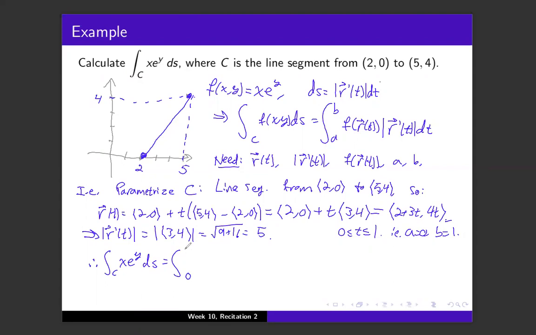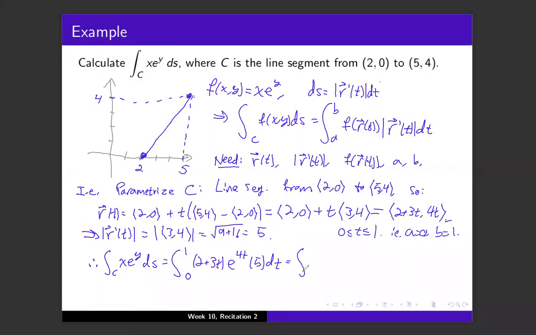So this is the integral from 0 to 1 of x. We know that x is 2 plus 3t, times e to the 4t, times r prime of t, which is 5 dt.